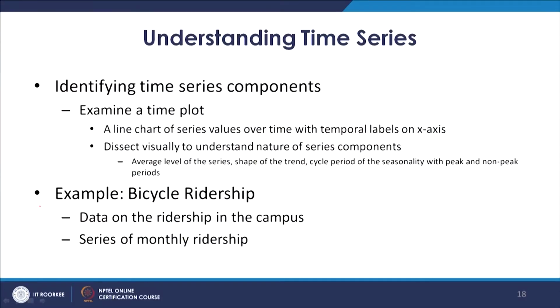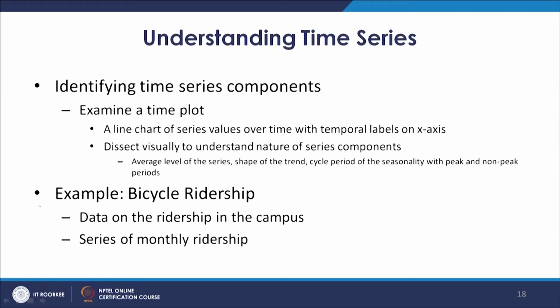So, what we are going to do now is discuss this example data set, bicycle ridership. This particular data is on the ridership in the campus, the number of bicycles being used for traveling within or outside the campus.